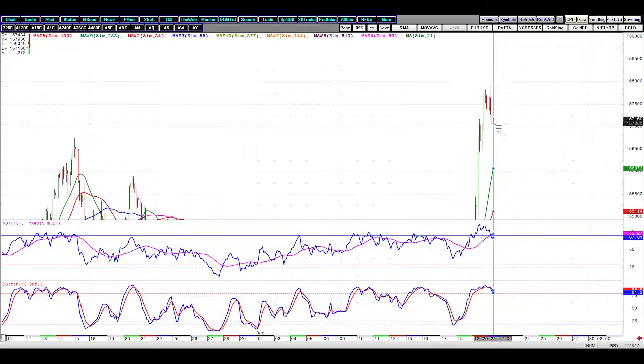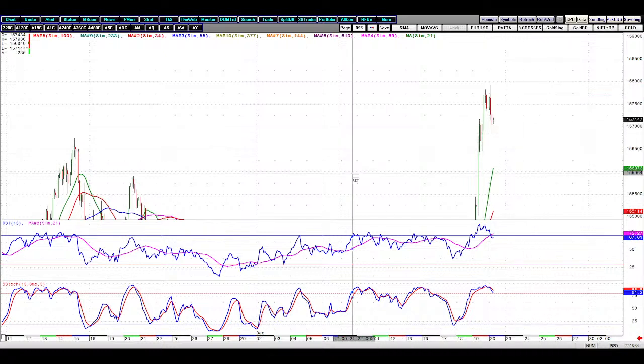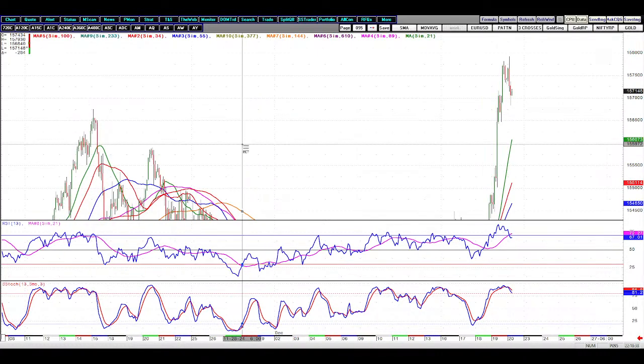And this time belt has just started, and it can show you strength for at least another 2 hours. So I think we can go for a cautious buy at 157.